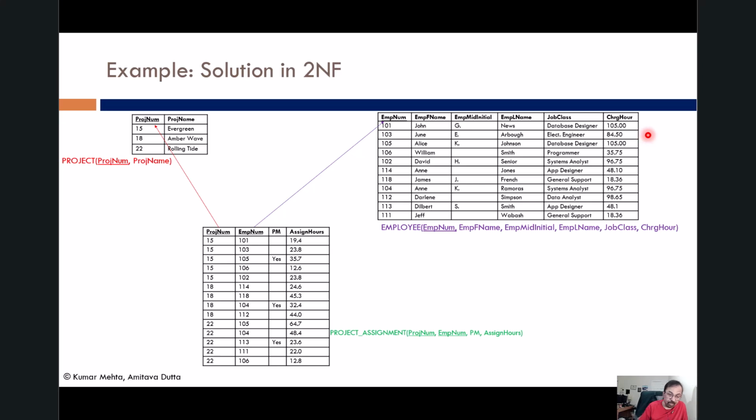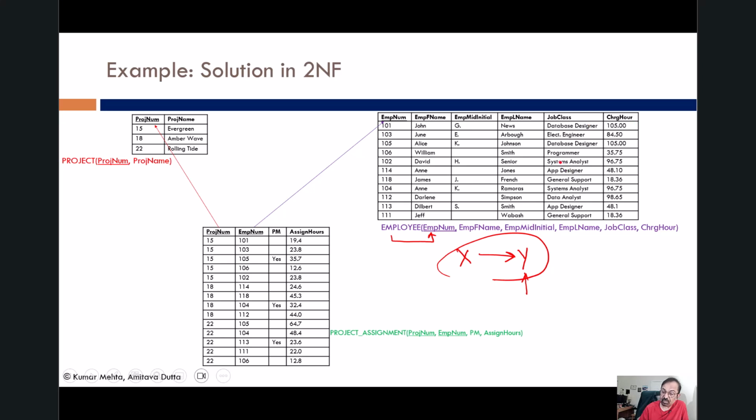$84.50 an hour. So, going back to the last lecture and our definition of functional dependencies, remember we wrote a functional dependency as X right arrow Y. X is a determinant: X functionally determines Y. Or, said in reverse, Y is functionally determined by X. For the pieces we have discussed so far, employee number determines employee name, and so on. But in the discussion I've just had for the last four or five minutes about job class, what I said in words is that anytime I see database designer, the hourly charge is 105.